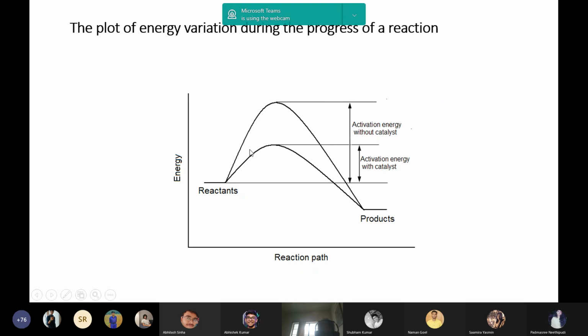But if we use some catalytic reaction for the same reaction, we will observe the activation energy is, suppose, 10 kilocalorie per mole. So the reduction of activation energy from 45 kilocalorie to a lower activation energy is due to the presence of catalyst. So why do we go for catalytic reaction? To reduce the required energy, and our production rate will also increase.